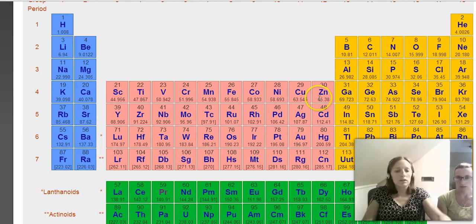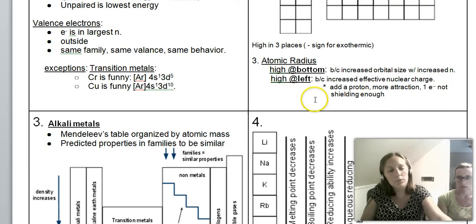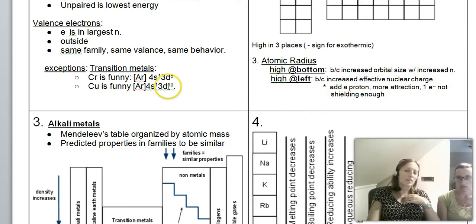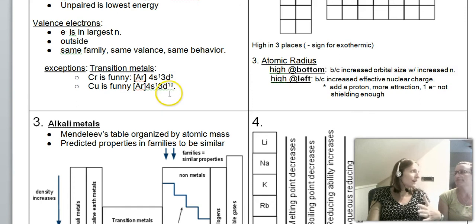And so copper sort of cheats, and he's like, I would really be happier with a full d than with a full s. So he snatches one off of the 4s and sticks it in the 3d, which works because the 4s and the 3d are so close in energy anyways that it's not that much of a difference for that electron to be pulled over to the d.